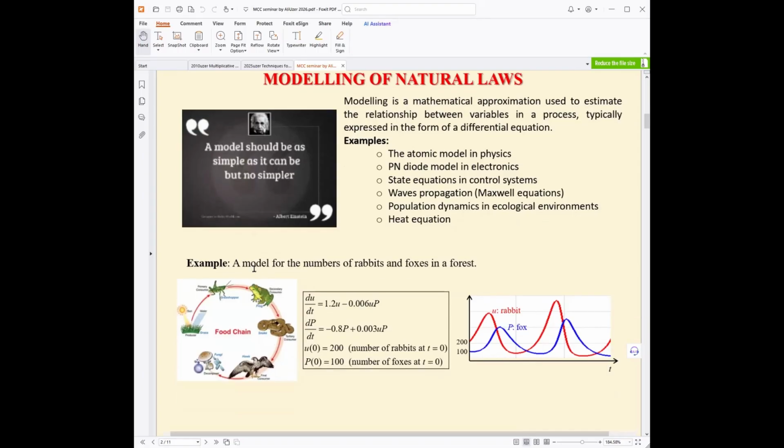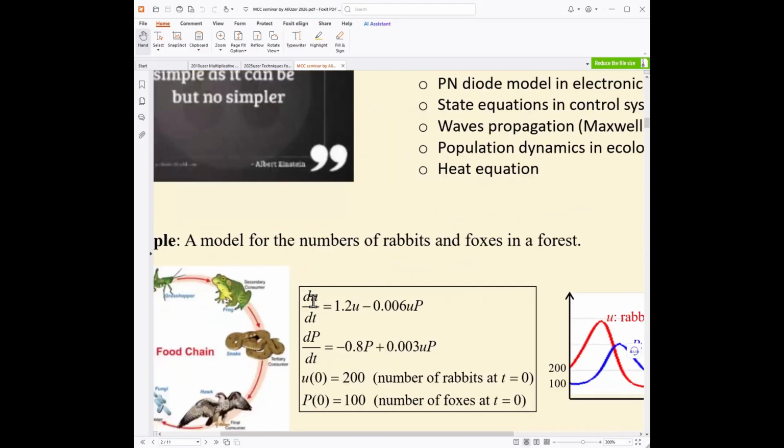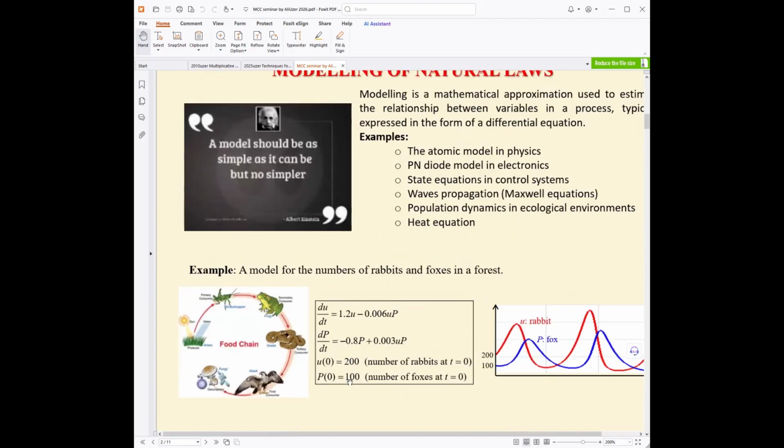An example of a model is a rabbit-fox system in a forest, the number of rabbits and foxes in a forest. They can be given by a set of two first order differential equations. This is an approximation. And using the initial values of these quantities, it's possible to find the number of rabbits and foxes versus the time.